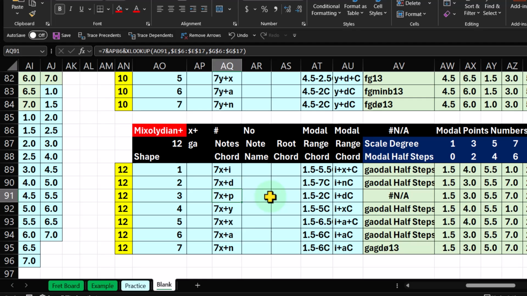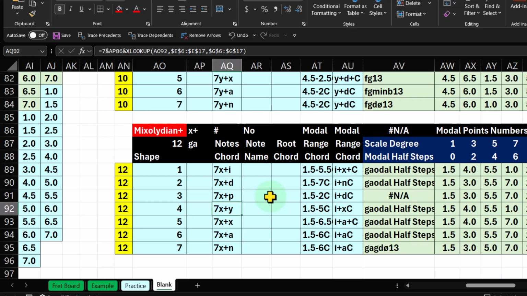I could build a 7-note Mixolydian ocean or X plus or Nashville number 5.5 chord, but it's going to have a Phrygian shape or Nashville number 3 shape. So now would be another minor shape, but it's going to have a difference on the 9th interval, which is the equivalent of the 2nd.